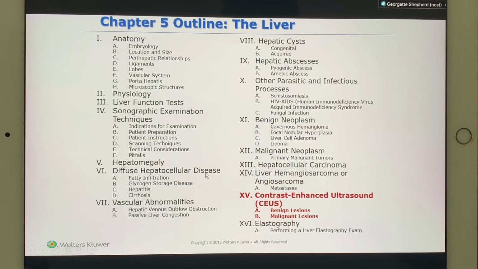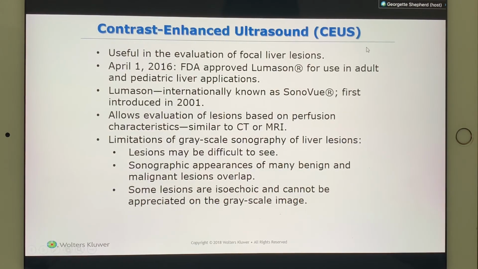Okay, contrast enhanced ultrasound. I know nothing about it. I don't know anybody that does it. It came after my time.